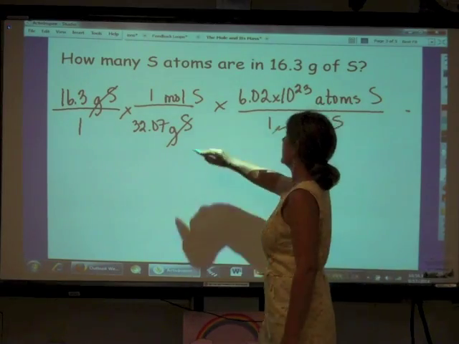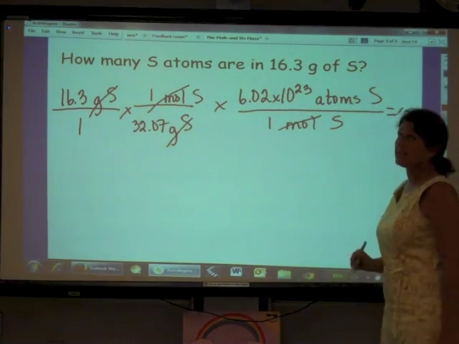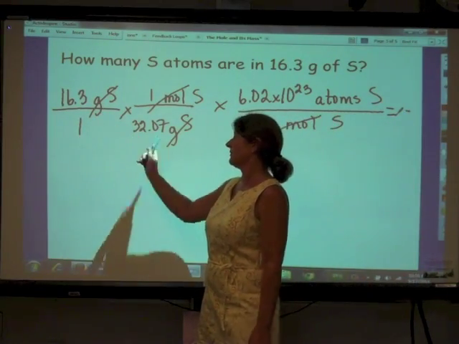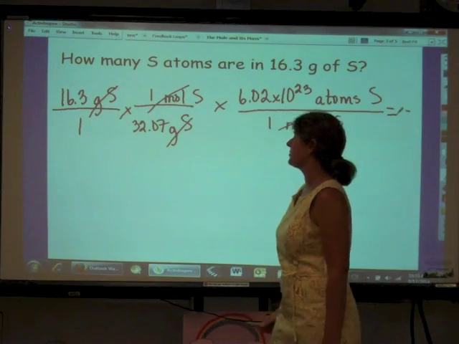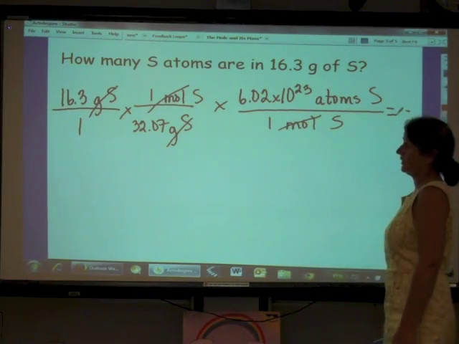So our moles will cancel, and then you need to calculate the answer. 16.3 divided by 32.07 times 6.02 times 10 to the 23rd.